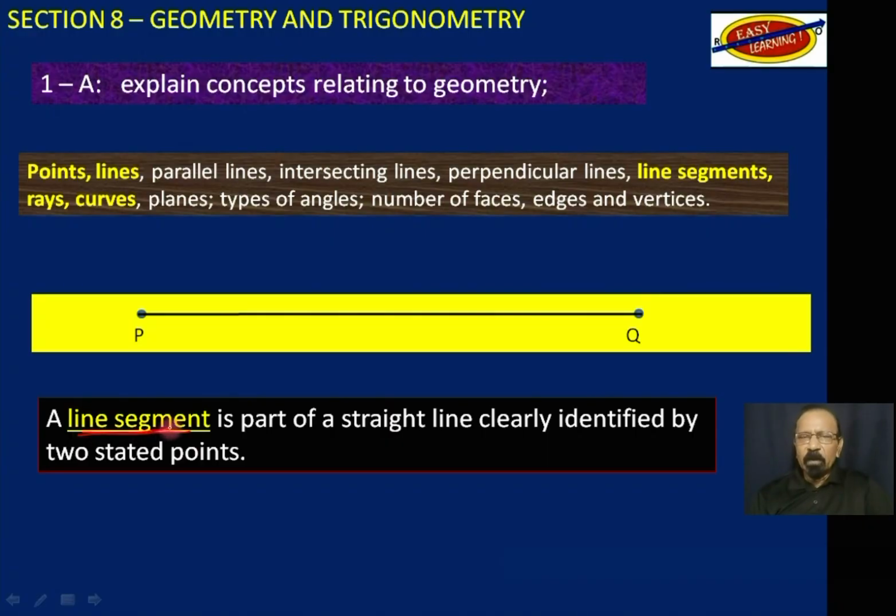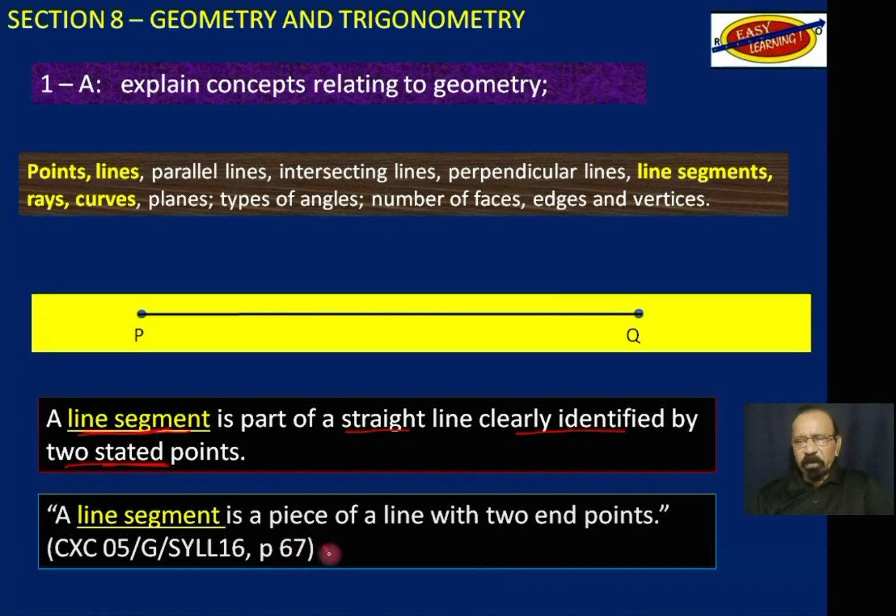So most of the time, when you are told to draw a line, you're actually told to draw a line segment. It is part of a straight line clearly identified by two stated points. So a line segment, and this is from your syllabus now, is a piece of a line with two end points.